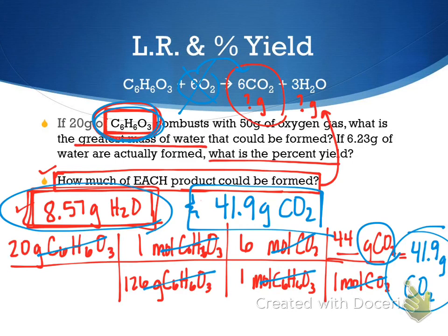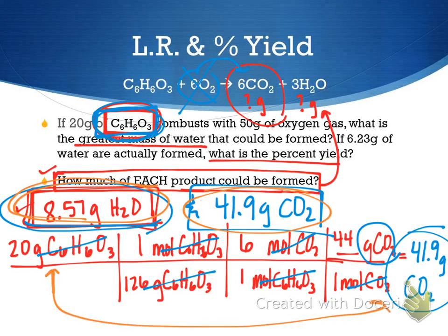Everything should stem from that starting amount and that compound from that point forward. So our final answer, this 8.57, we got from finding our limiting reactant. Our 41.9 we found from going from our limiting reactant to our second product. That is how you find the mass of each product that's been formed.